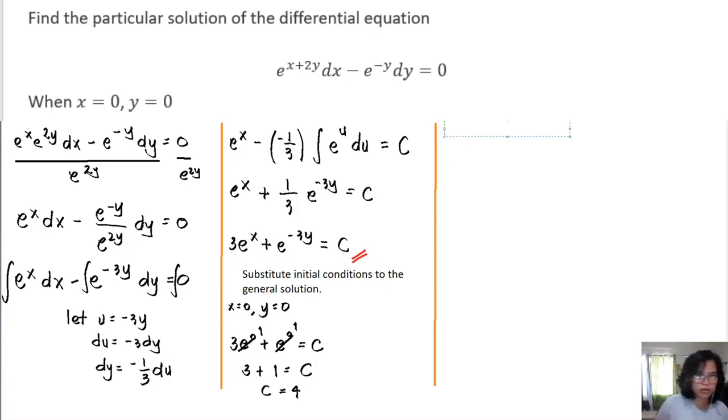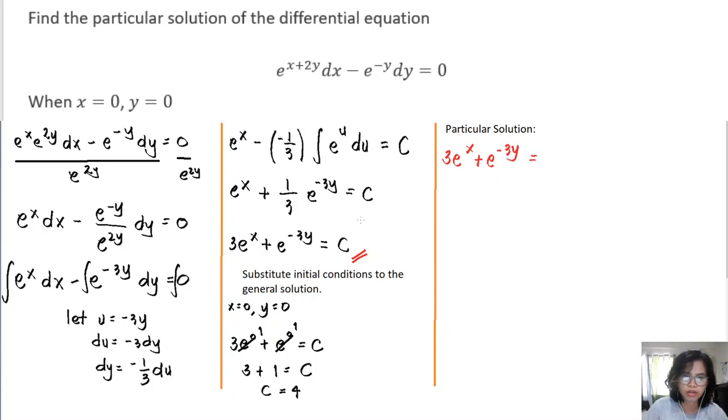So we have here our particular solution. Particular solution, that would be 3e to the x plus e to the negative 3y is equal to, what is the value of our arbitrary constant?